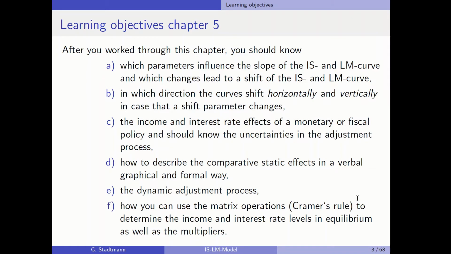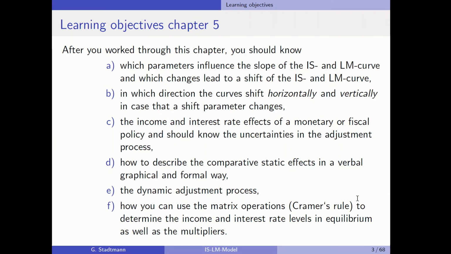You should be able to derive the income and the interest rate effects of a monetary or fiscal policy, and you should know the uncertainties in the adjustment process. You should also be able to describe the comparative static effects in a verbal, graphical, and formal way.